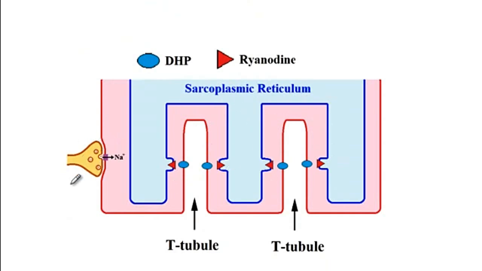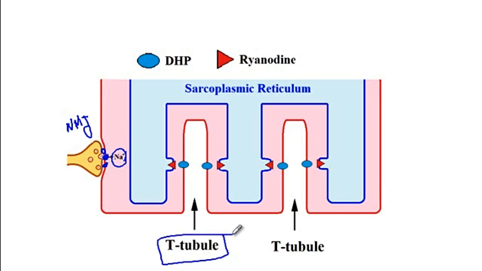So upon depolarization of a skeletal muscle via the motor neurons at the neuromuscular junction, there would be activation of the acetylcholine receptors. So acetylcholine will be released from motor neurons, and acetylcholine receptors will be activated, which will induce the influx of sodium. And so once sodium goes inside the muscle cell, it will cause depolarization of a membrane.